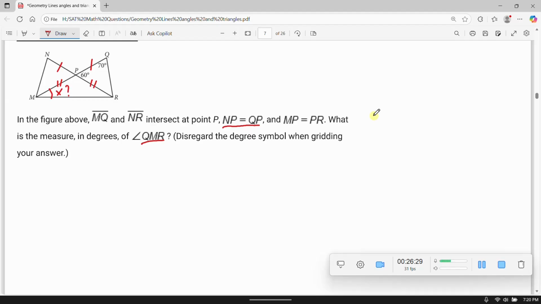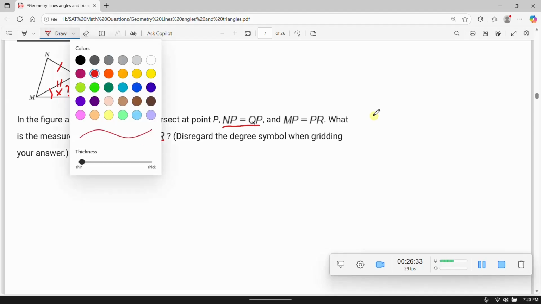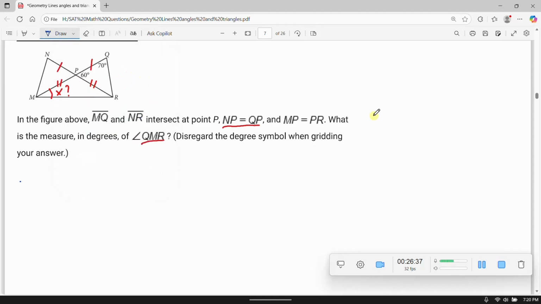All right. So now since this is exactly the same, I'm going to use a different color to indicate the measure of the angle that I found. So this is going to give me 120.